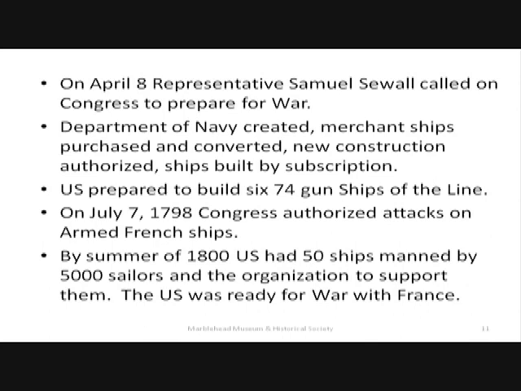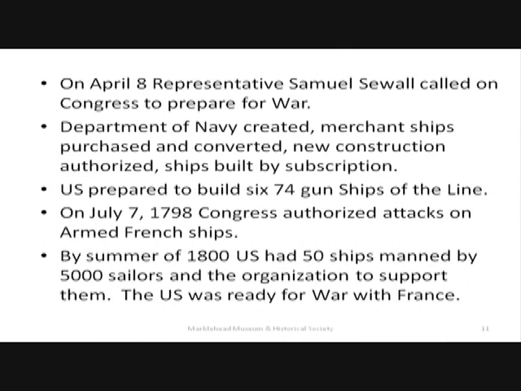The U.S. created a Department of the Navy, started purchasing merchant ships they thought would be suitable for arming as warships. They authorized new construction, quite a number of frigates.